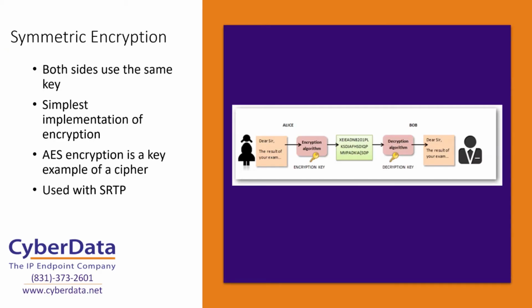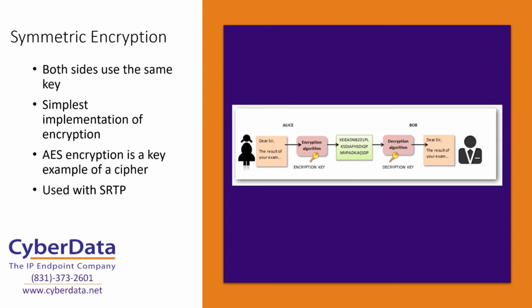So symmetric encryption is really, really simple. Think about it just like your regular house key or anything like that. You've got a single key, and both parties have the same key. So in our example here, Alice is just trying to let Bob know about his test results. And Alice says, "Dear sir, the results of your exam are, you got an A+, great job." And what she'll do is she'll go and encrypt that with the standard encryption key.